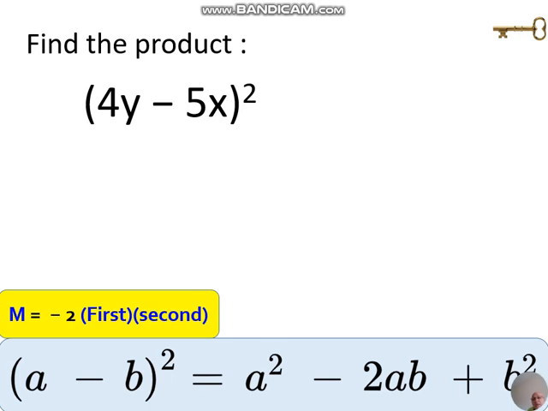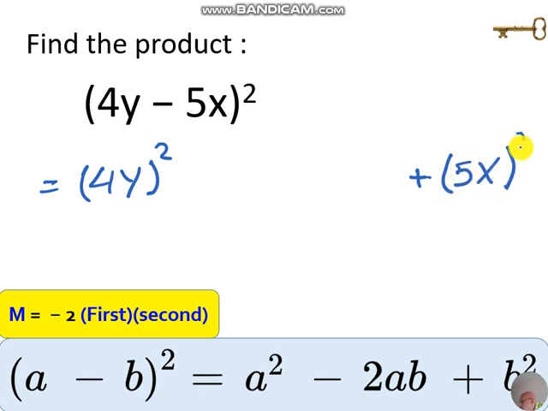To find the product of 4y minus 5x quantity squared, I'm not going to multiply 4y minus 5x times 4y minus 5x. I'm going to do it in a short way. You square the first, which is 4y quantity squared. You square the second, always positive, 5x quantity squared. The sign is negative, so it stays negative.